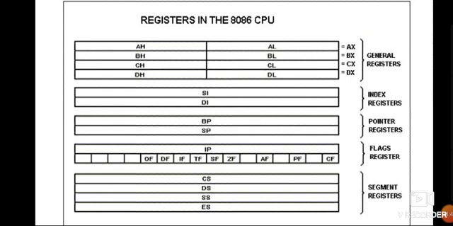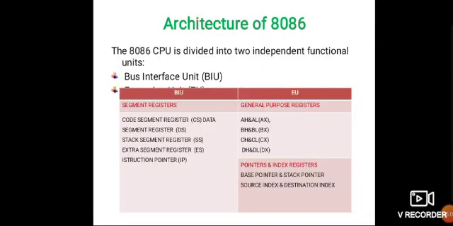You have the 16-bit flag register, out of which 9 bit positions are filled. And you have the segment registers, which are the code segment register, data segment register, stack segment register, and extra segment register. And this is the architecture of 8086, as I mentioned earlier.